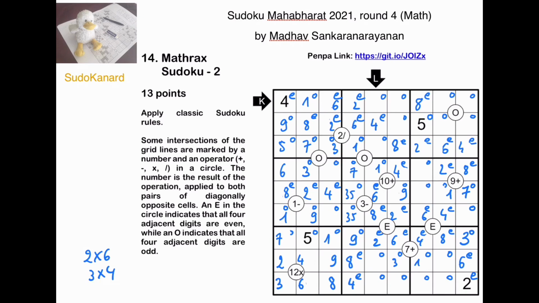5 and 7. There's a 7 here. 3 and 5, there's a 3. This one is a 3, that's a 9. And now this is all plain Sudoku. I just need to be careful and not put wrong digits.